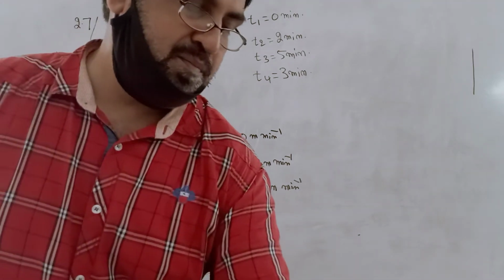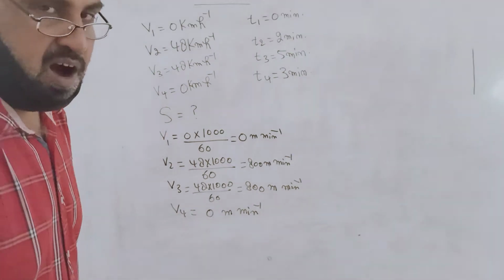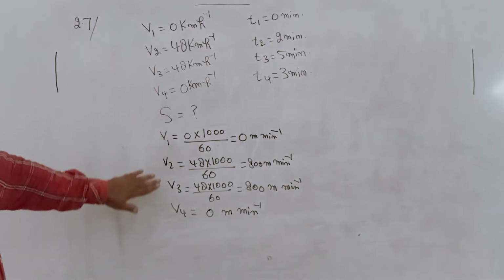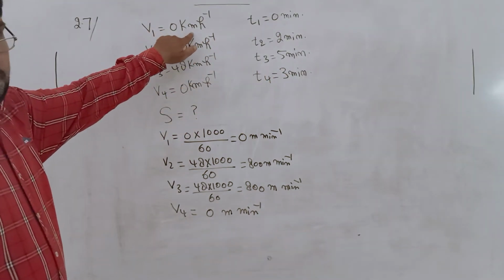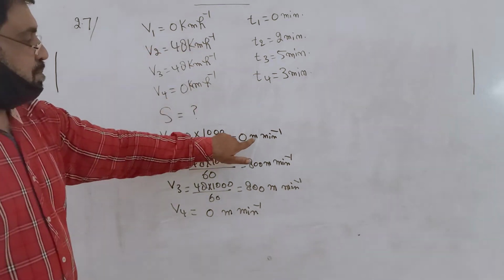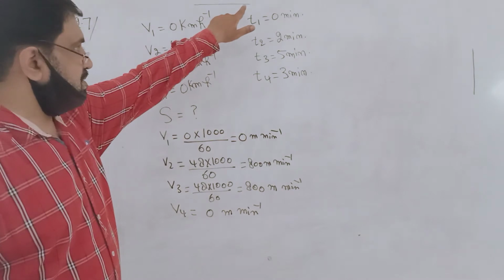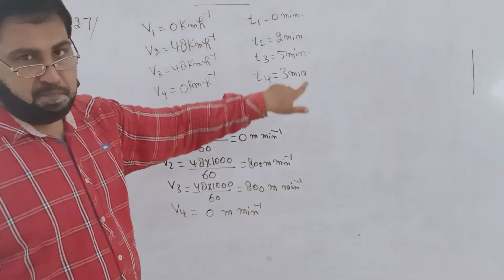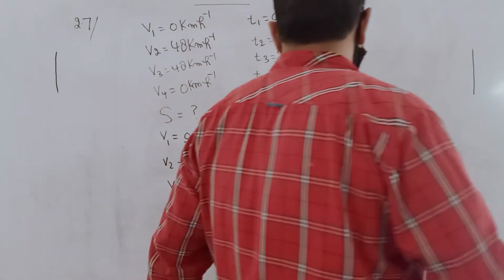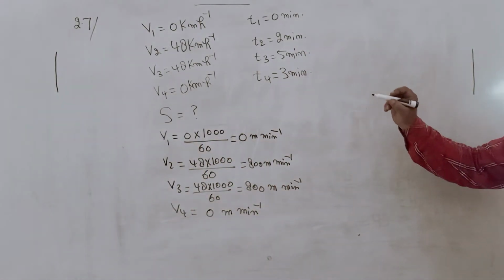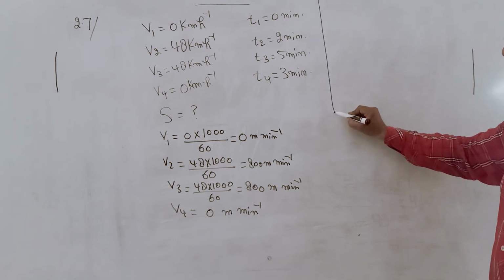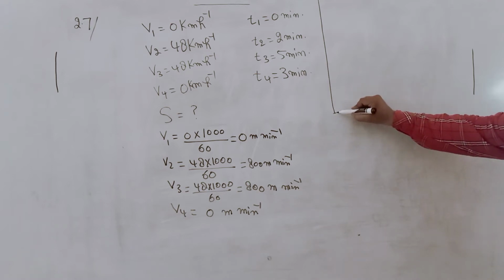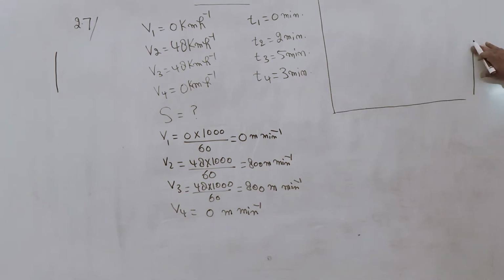Now we will plot a graph between speed and time. We convert speed from kilometer per hour to meter per minute and we will take time in minutes. Here I plot the graph.